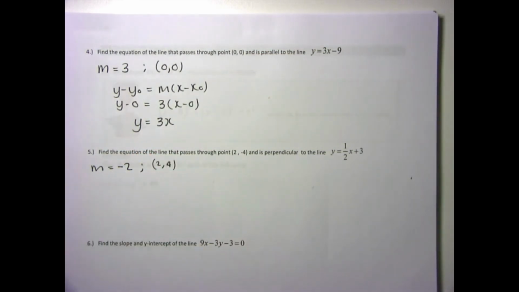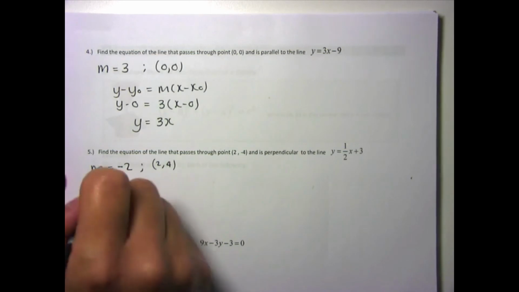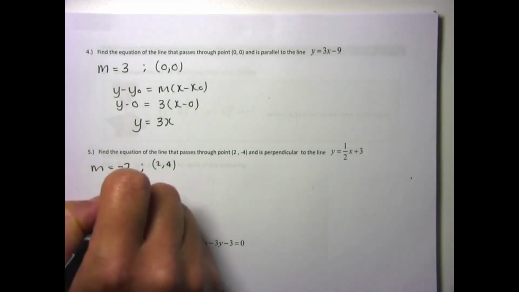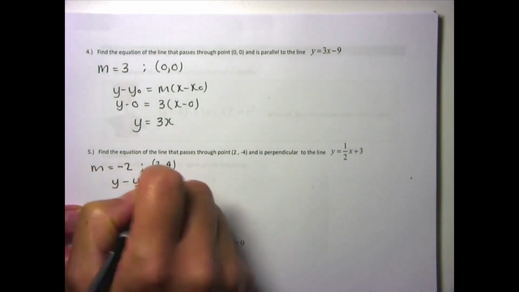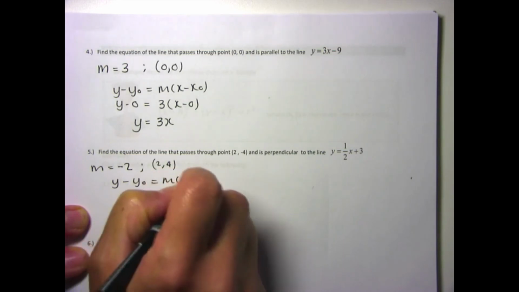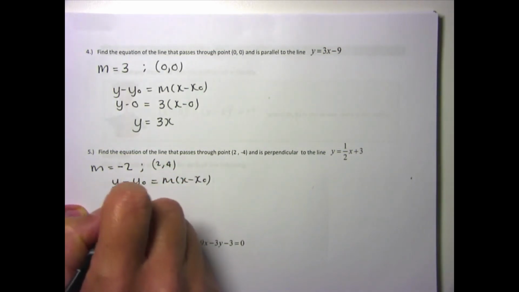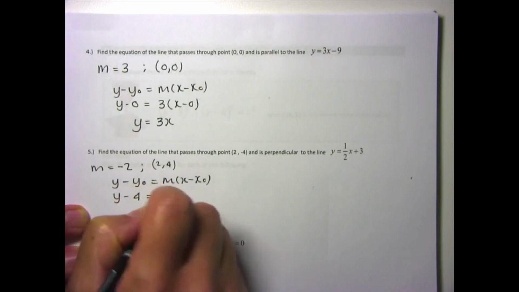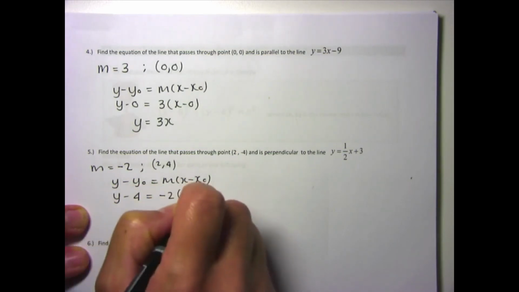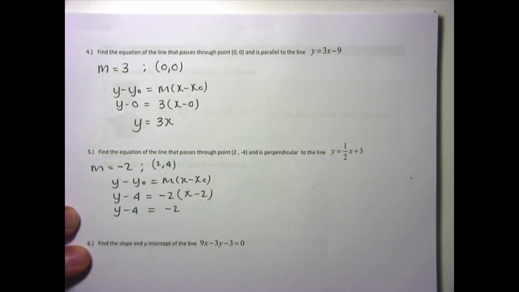So again, using this point-slope form, y minus y naught is equal to m times x minus x naught. All right, so y minus negative 4 is equal to negative 2 times x minus 2. I'm sorry, I didn't write down the negative.